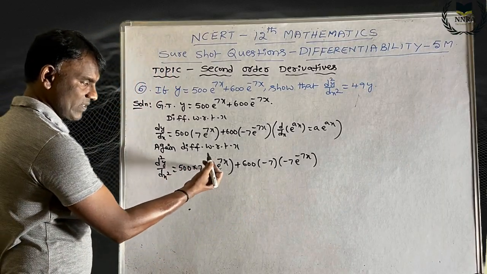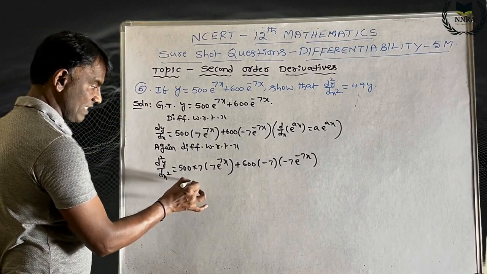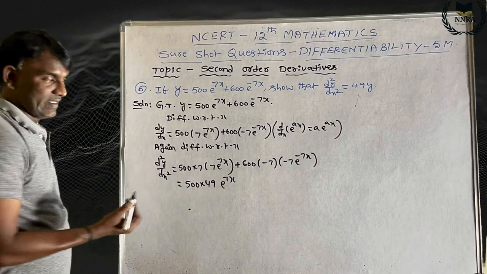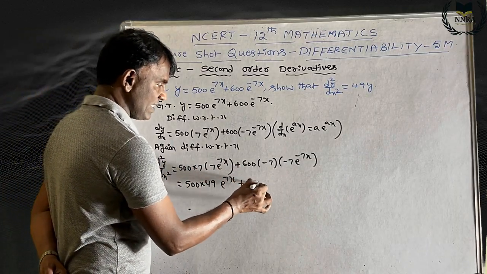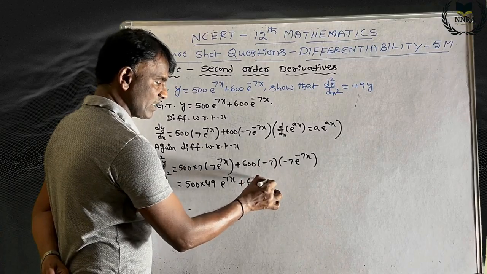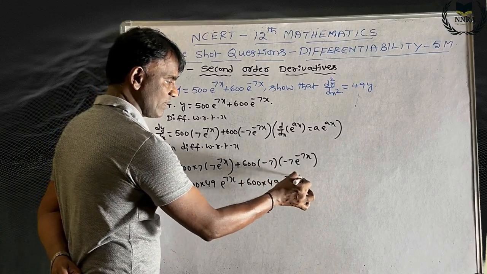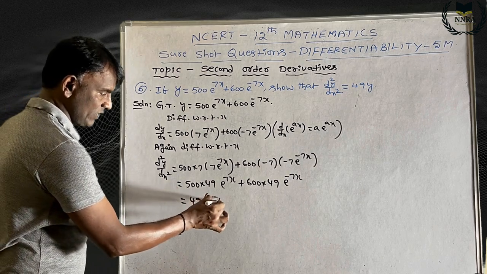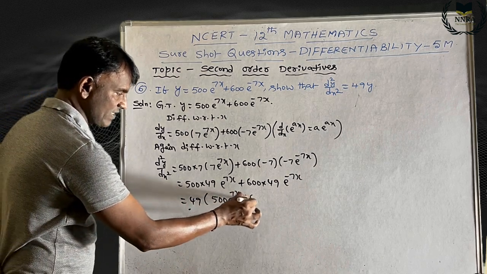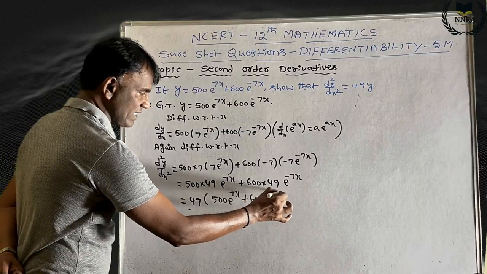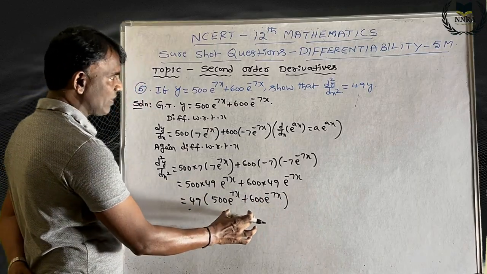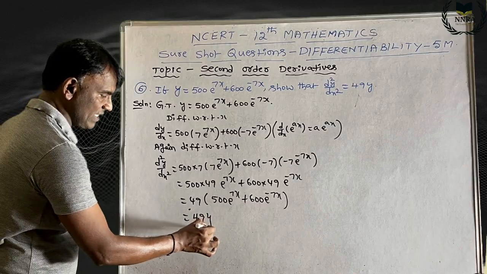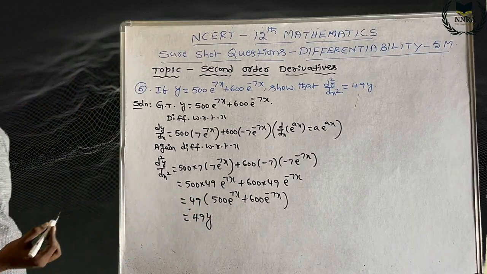So 7 into 7 is 49, 500 into 49 e power 7x. And here plus 600 into minus 7 into minus 7, again plus 49 e power minus 7x. Now 49 is the common value. So 500 e power 7x plus 600 e power minus 7x. So this whole bracket value is equal to y. Then how to write this? 49y. So that is the final answer.